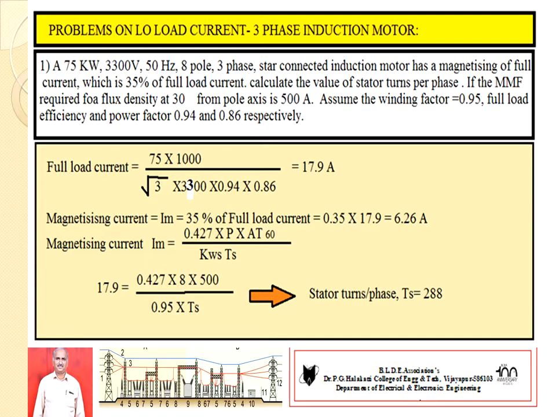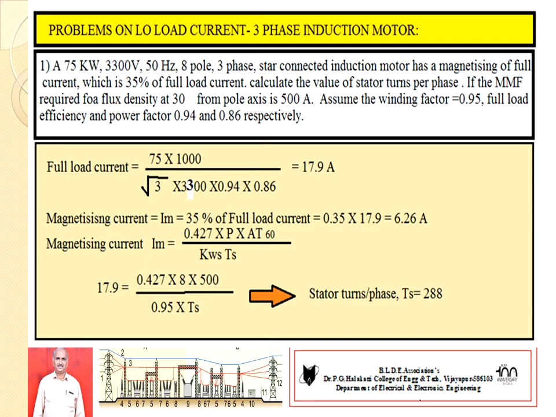So I am going to get 17.9 as the full load current. Then the second relation is given directly. Magnetizing current is 35% of full load current. Hence multiplying by 0.35 of full load current, we are going to get 6.26 ampere.